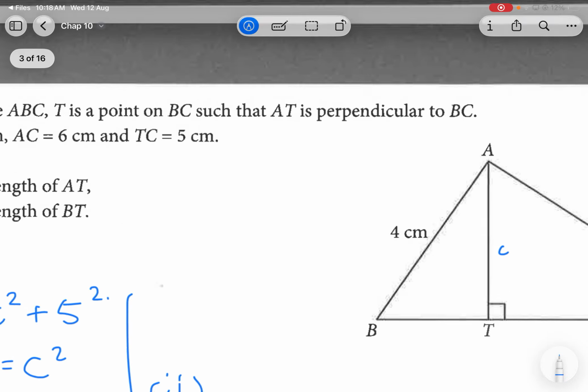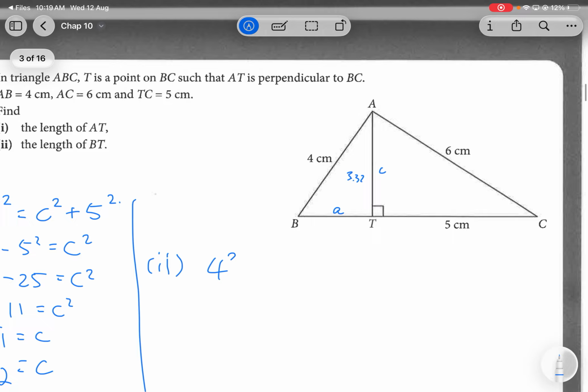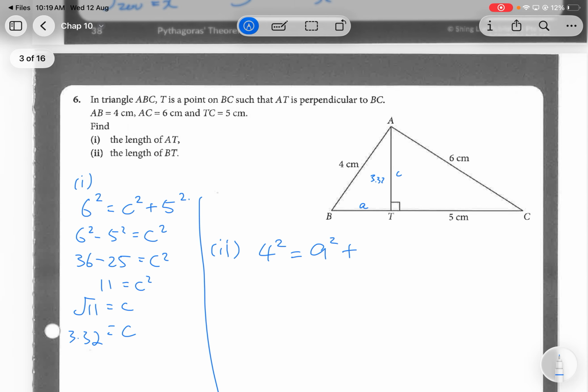Okay, there are two right triangles here. One is PQR, the smaller one. The other one, PQS, is also a right angle triangle. So you must know which one to use. For the first part, I want to find PQ, so I focus on the small one.